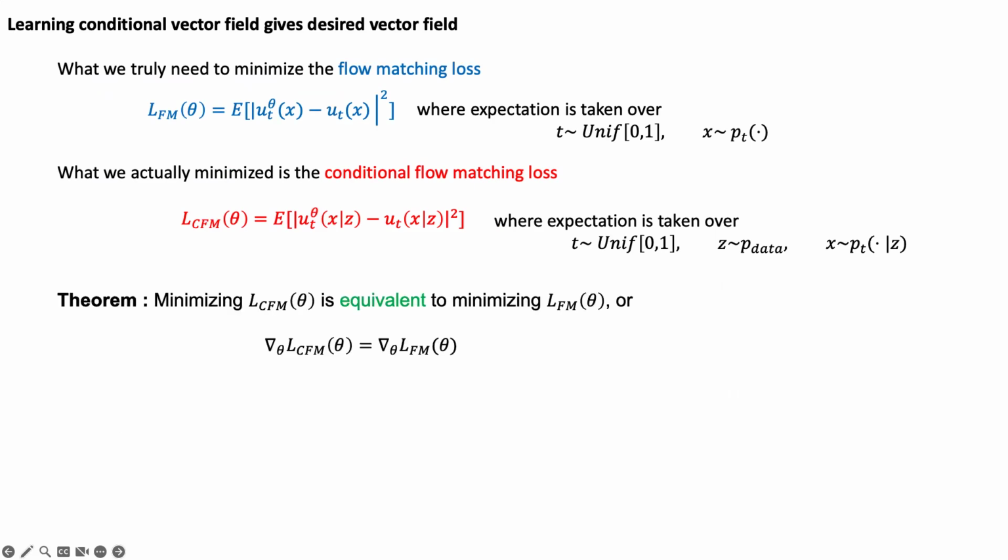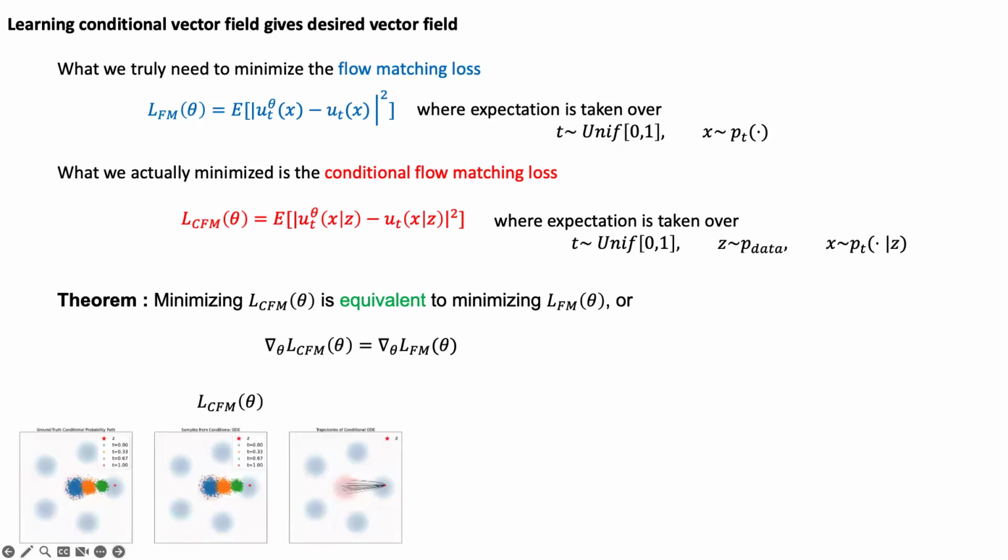Actually, it is theoretically proven that minimizing this conditional loss function is equivalent to minimizing the original flow matching loss. That is to say, their derivatives with respect to the neural network parameters are the same. So if you imagine you do gradient descent, you use the derivative, but their derivatives are the same. So minimizing one gives you minimizing the other.